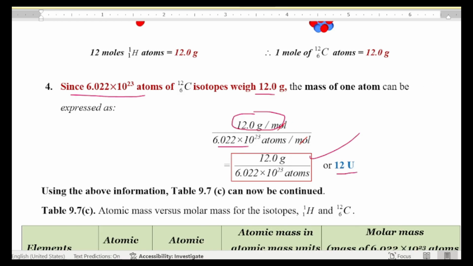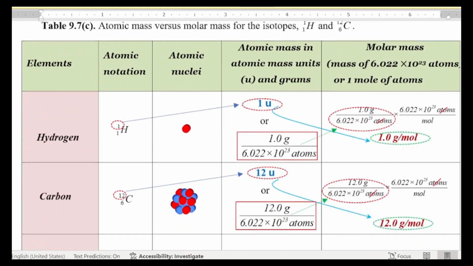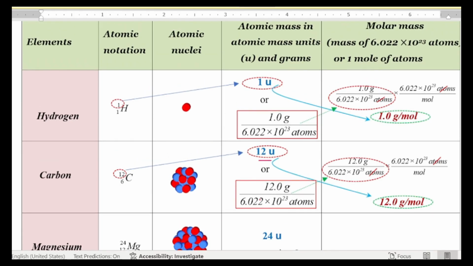So now we go and fix up the second row of this table. See? So look what happens. See some relationships? This is equal to 12U, 1 atom, and is the same as dividing 12 grams by Avogadro's number. 1 mole of atoms, so this is just 1 atom.